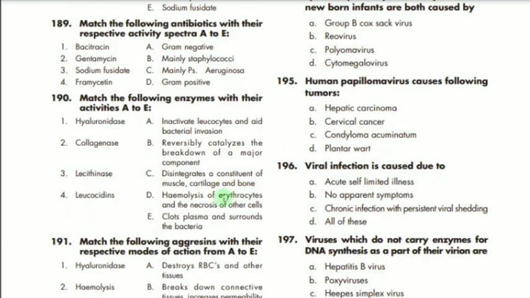So C is the correct option. Then we have lecithinase. The function of lecithinase is hemolysis of erythrocytes and necrosis of other cells. Then fourth, leucocidins. The correct option for leucocidin is inactivating leukocytes and aiding bacterial invasion. So A is the correct option.